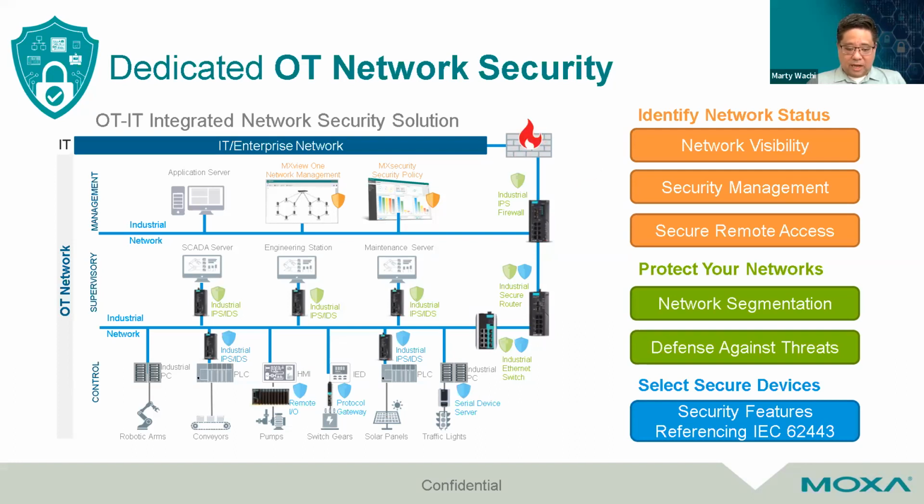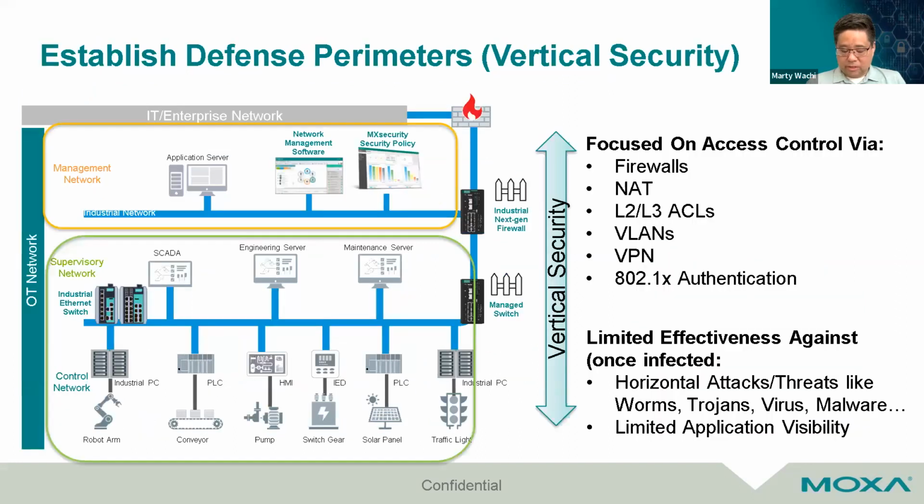But as we dive a little bit deeper, focusing on vertical security, we saw a lot of you have a lot of switches out there that you're using, which is primarily a vertical security type of threat posture. These are some of the things you'd see with those types of solutions and systems, whether it's your managed switches in these parts of the network, or even a typical industrial firewall.